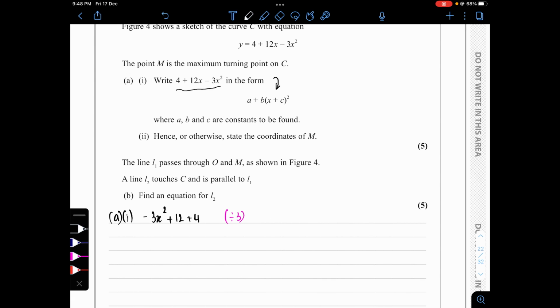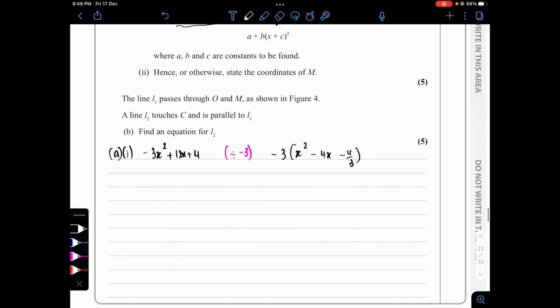So that will be x squared minus 4x, and then minus 4 over 3. Now we can complete the square.